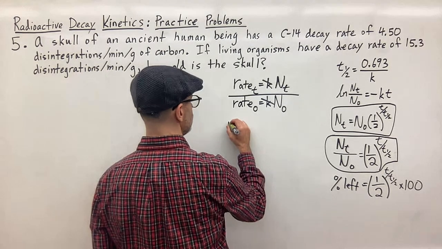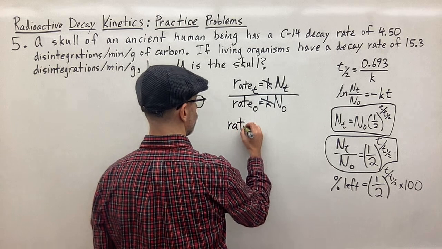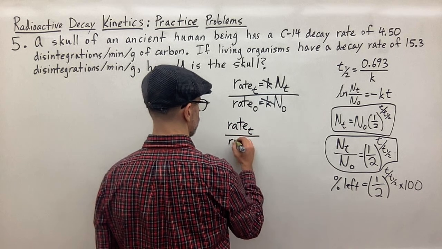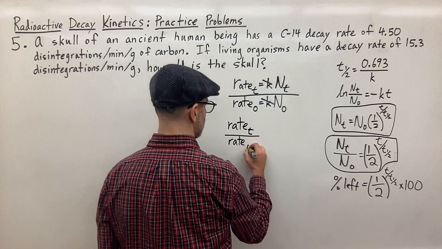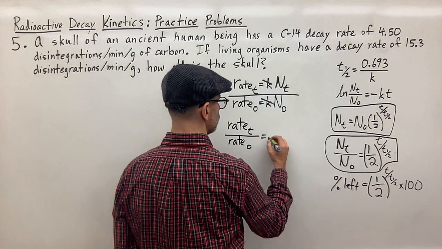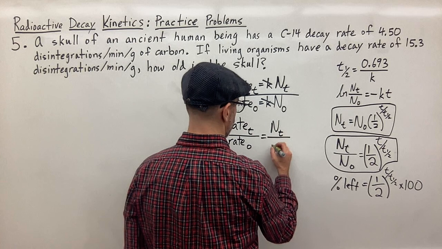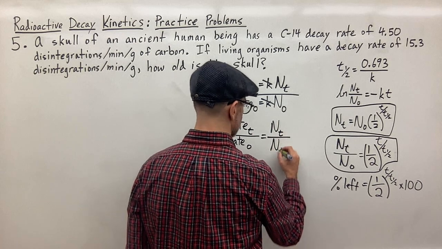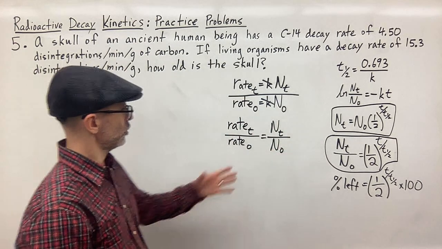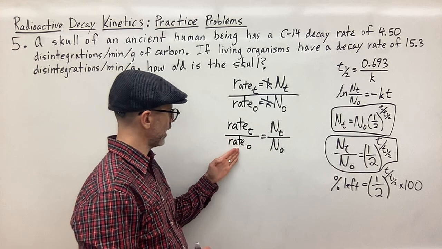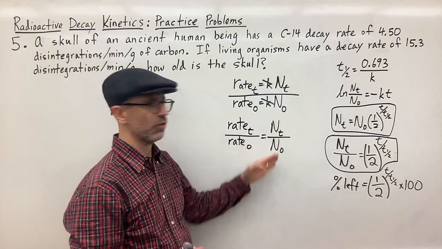We get a ratio of rates, the rate at time t with respect to the rate initially, which is equal to the amount at time t over the amount initially. So notice here that this ratio of rates is equal to the ratio of the amounts.